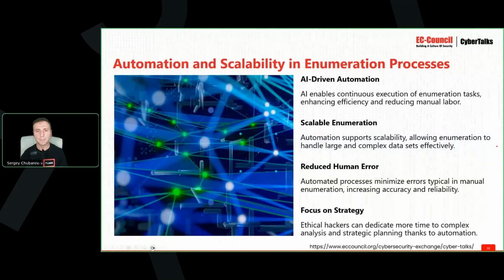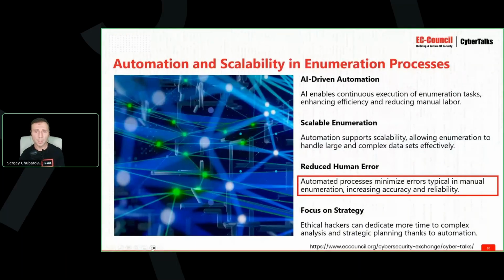One of the key benefits of AI is that automation of the process can minimize human error. Because when you do enumeration, you can overlook something, you can run the wrong command, and because of this, the data that you work with may not be relevant.